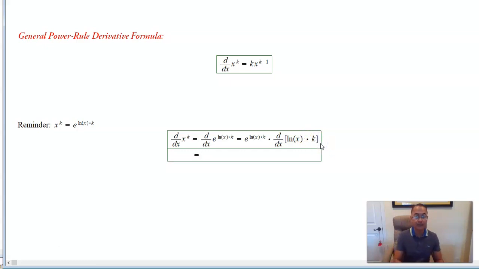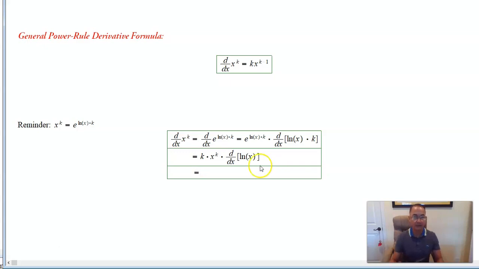Let's go to the next line. Take it out all the way to the left. And then we have this, which we said, oh, wait a minute, that's the same thing as x to the k. So we have k times x to the k times the derivative of ln of x. So let me keep that, and we already took the k outside. All right, but one more time, what's the derivative of ln of x?